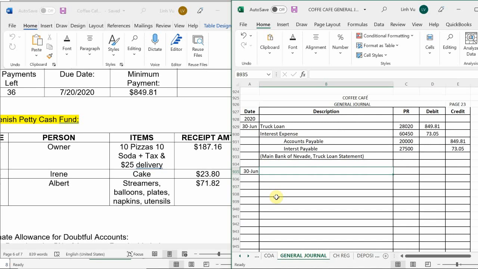Okay, so if they took money out from the petty cash drawer and then they came back with the receipt, now the petty cash drawer is full of receipts and leftover cash. But the balance is still $500. How do I replenish the petty cash drawer?